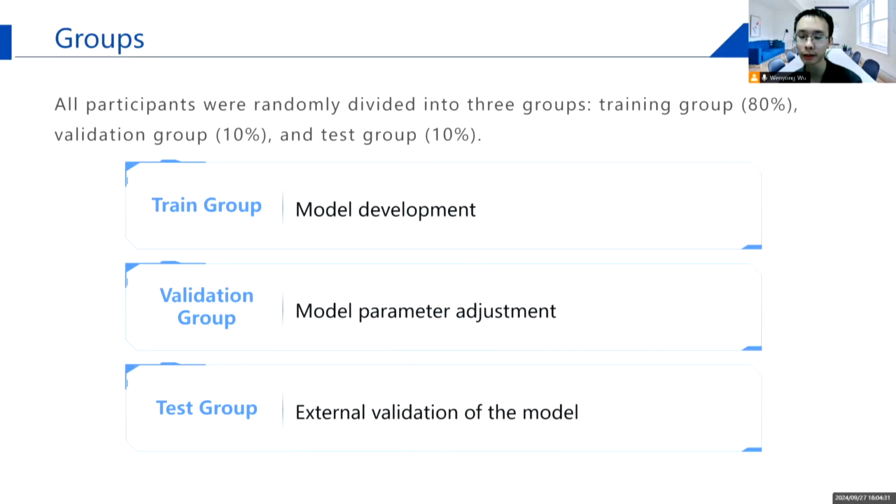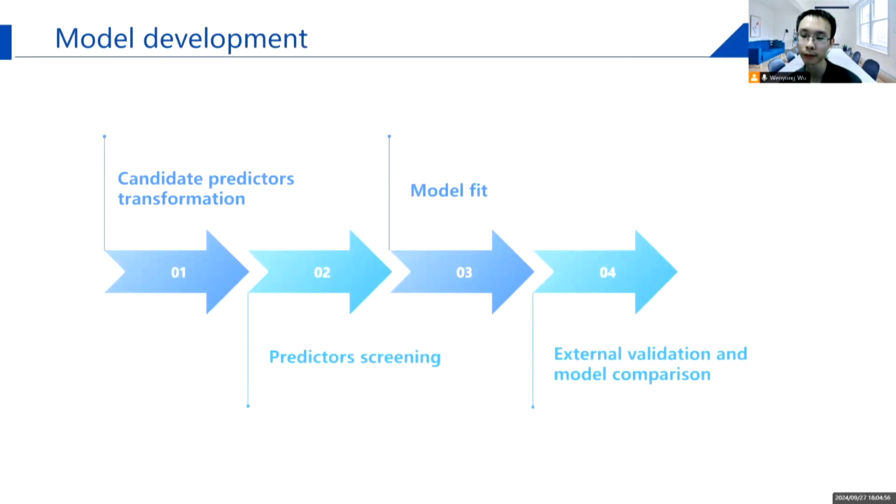All participants were randomly divided into 3 groups: the training group, validation group, and test group. The training group was used for model development, the validation group was used for model parameter adjustment, and the test group was used for external validation of the model.